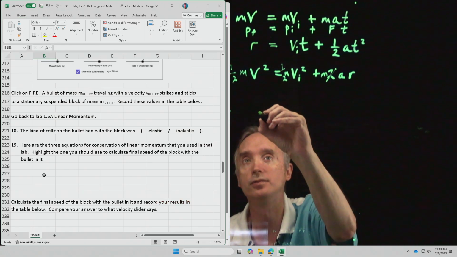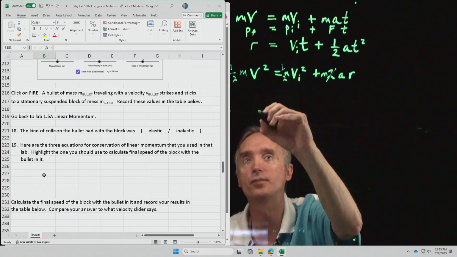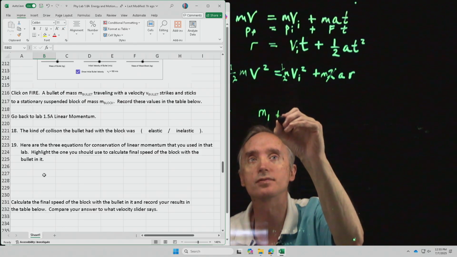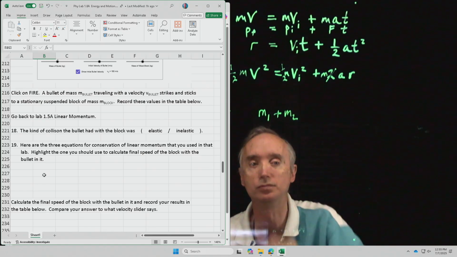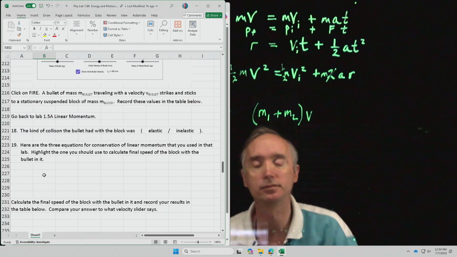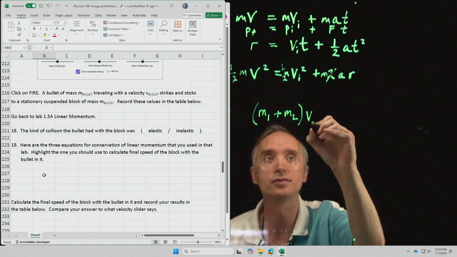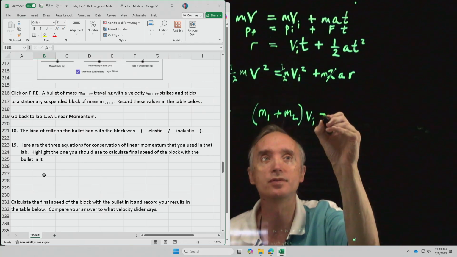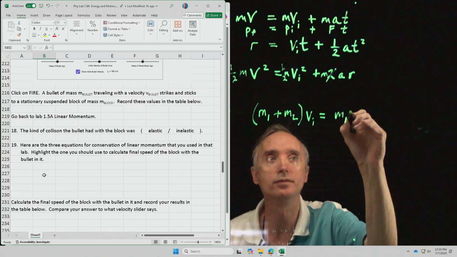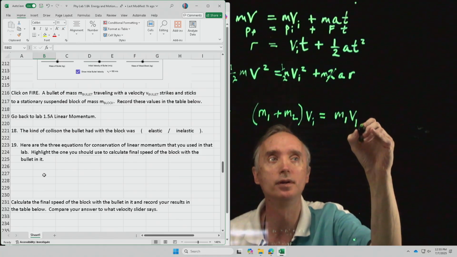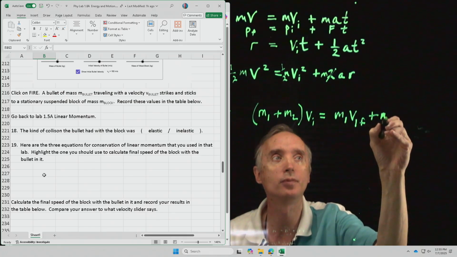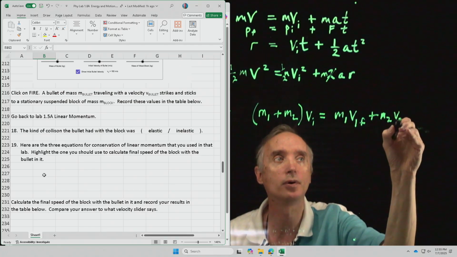In that one, we said that you had the mass of particle 1 plus the mass of particle 2, times the initial velocity, equal to the mass of particle 1 times the final speed of particle 1, plus the mass of particle 2 times the final speed of particle 2.